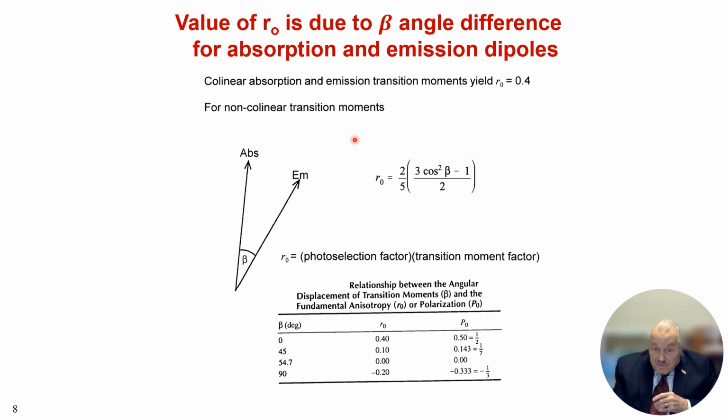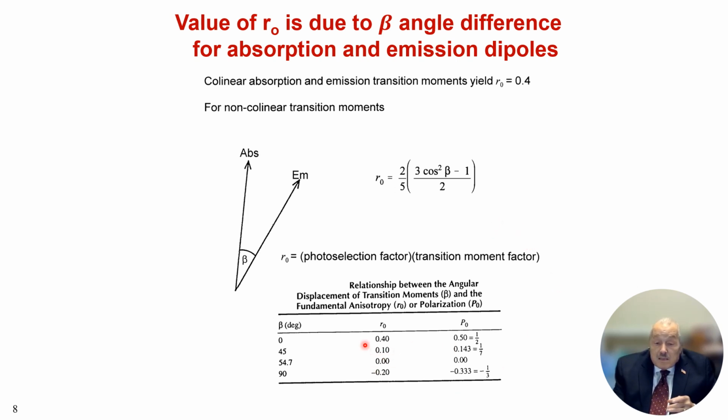So this equation is simpler than it looks because the fundamental anisotropy of any molecule is 0.4, which is purely a geometric factor, and then we have this cosine squared of beta, where beta is this angle, which determines the R0 value, or the anisotropy value without any molecular motion at all.